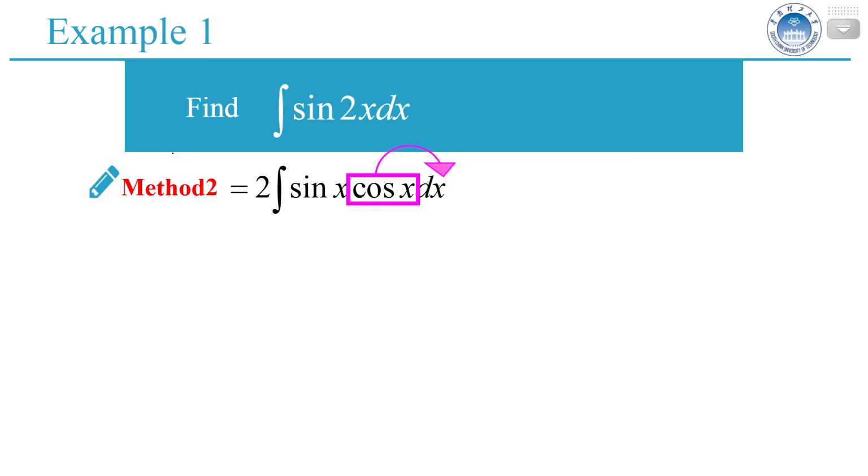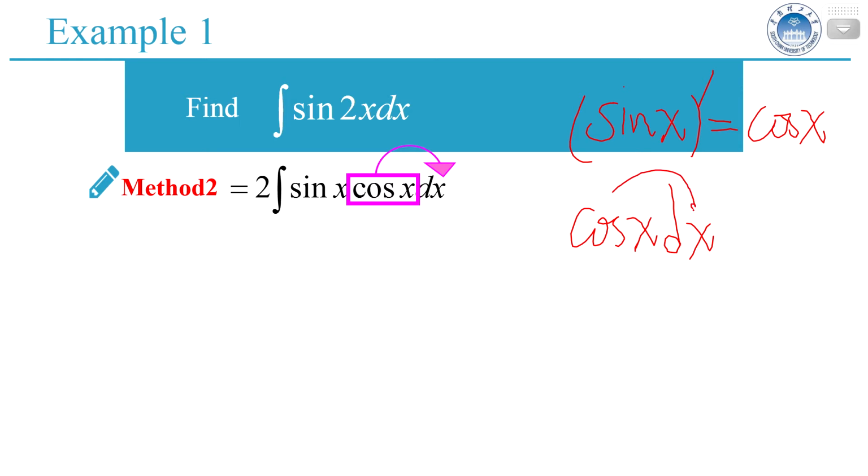Pay attention to cosine x taking in, what does this mean? Because the derivative of sin x equals cosine x, cosine x dx taking in becomes d sin x. Maybe now you are happy. Why? Go on: 2 sin x taking in becomes 2 sin x d sin x.